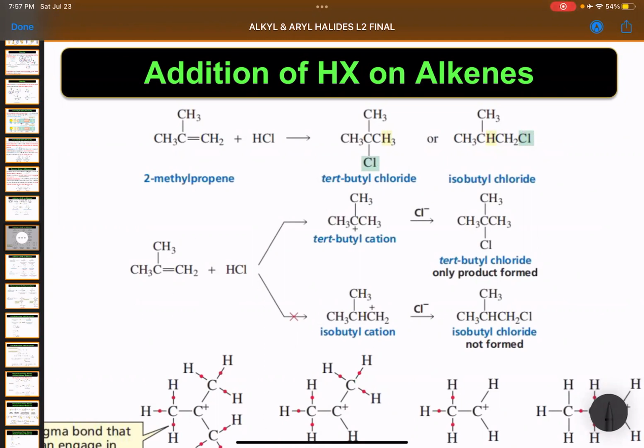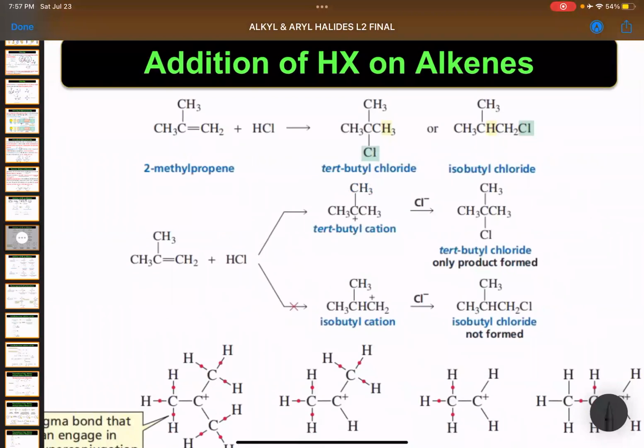The halogen will go to the carbon which has the least number of hydrogens on it, and it is attached to the double bond. Or H plus will attach itself to the carbon atom bearing more number of hydrogens. Okay, rich gets richer. So H I'm going to put here, Cl I'm going to put there.